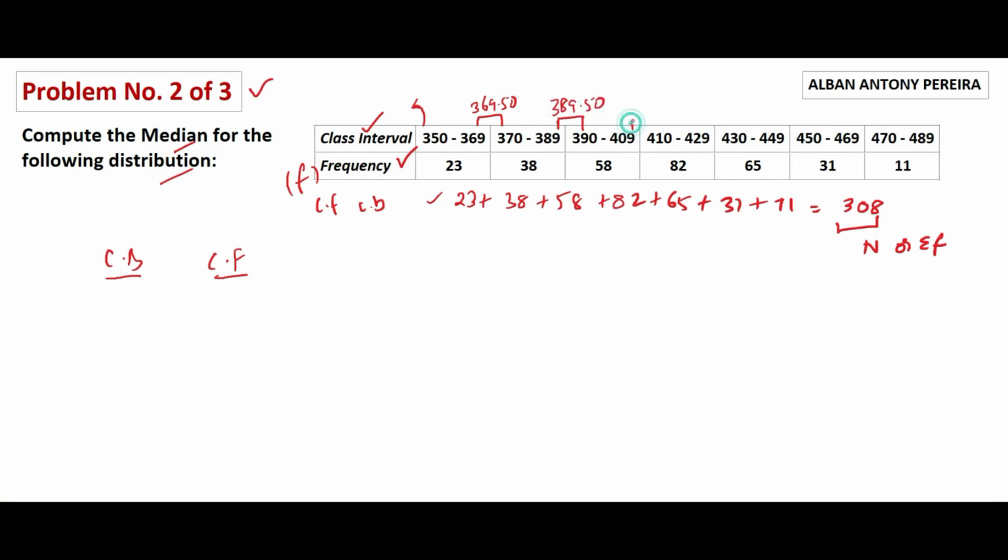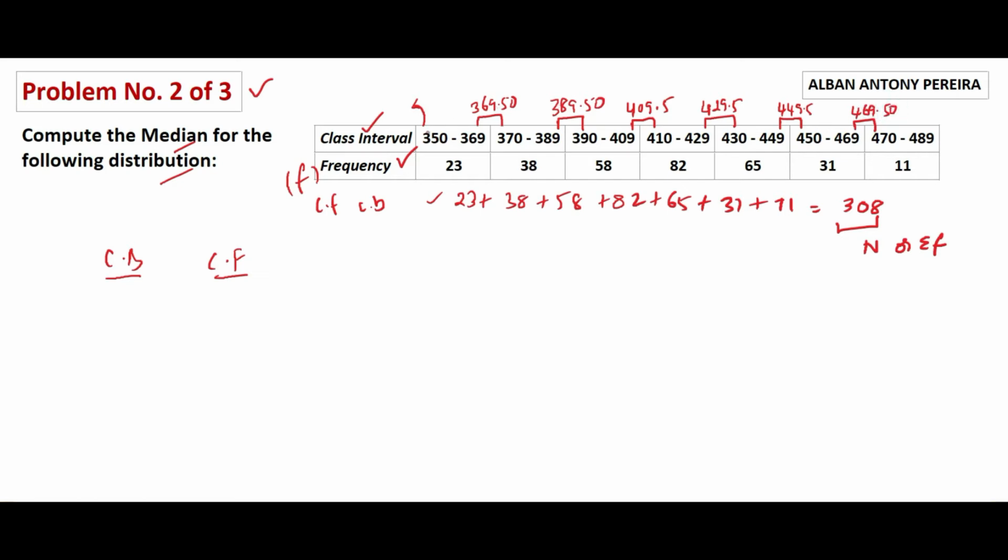Between 409 and 410 it will be 409.5. Between 429 and 430 it will be 429.5. Then 449.5, and 469.5. Make a note of this.